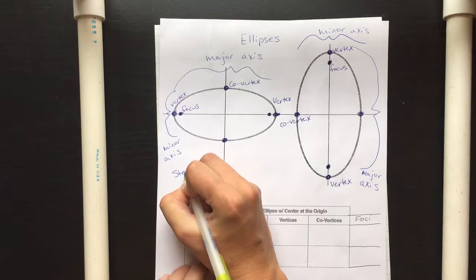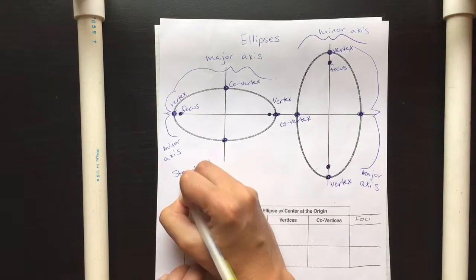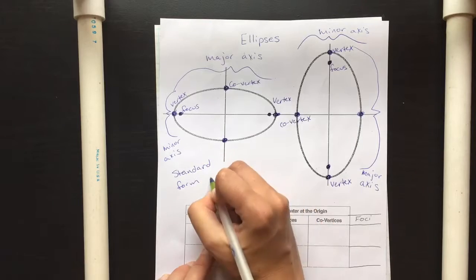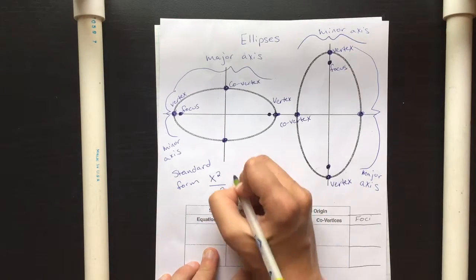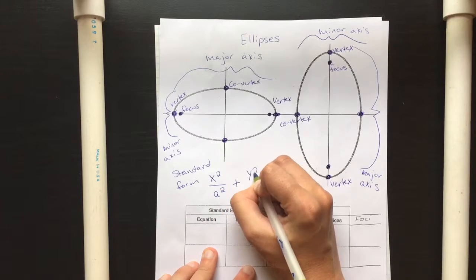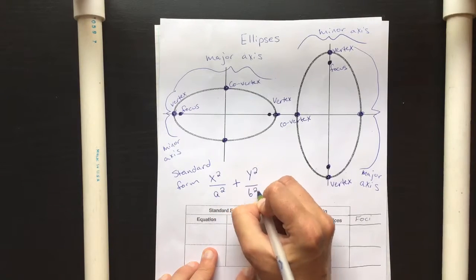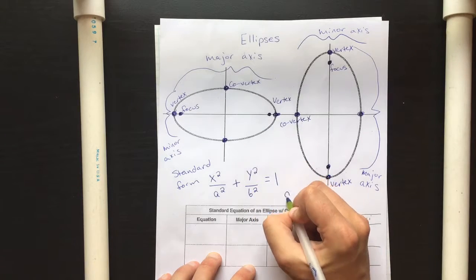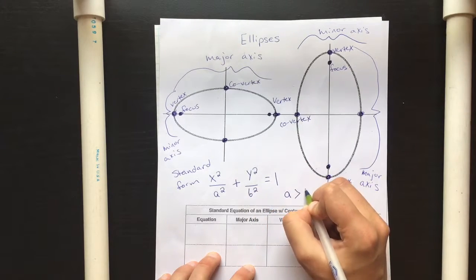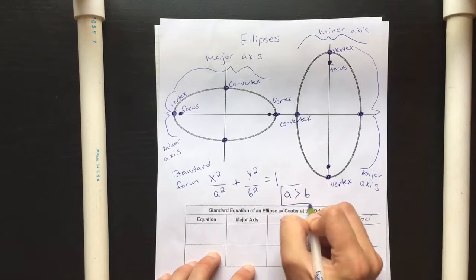Now, standard form of an ellipse is x squared over a squared plus y squared over b squared equals 1, where a is always greater than b. That's really important.